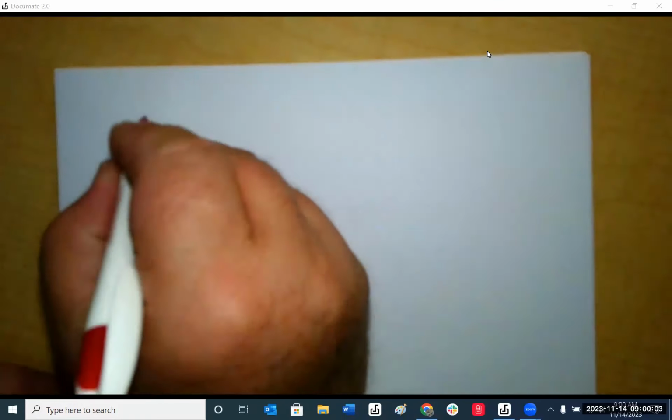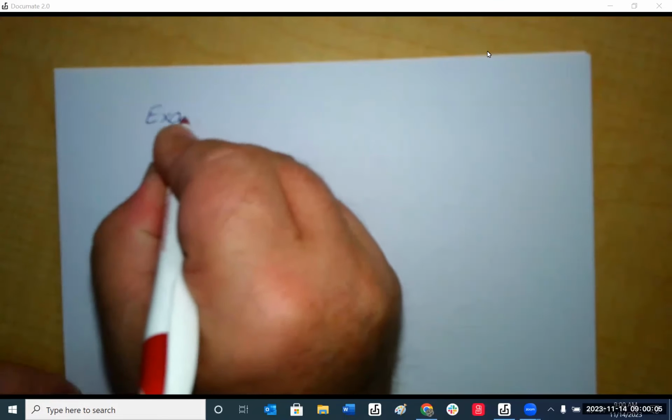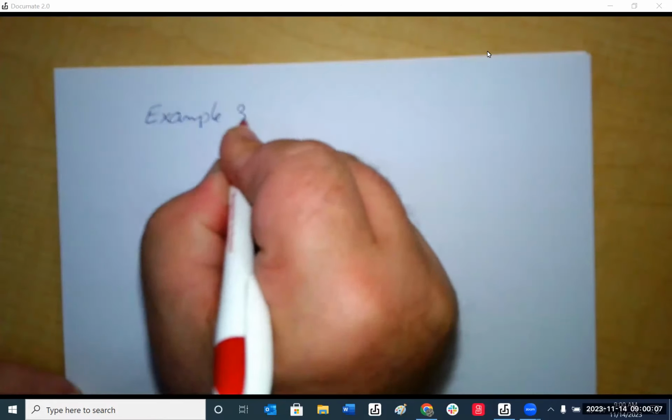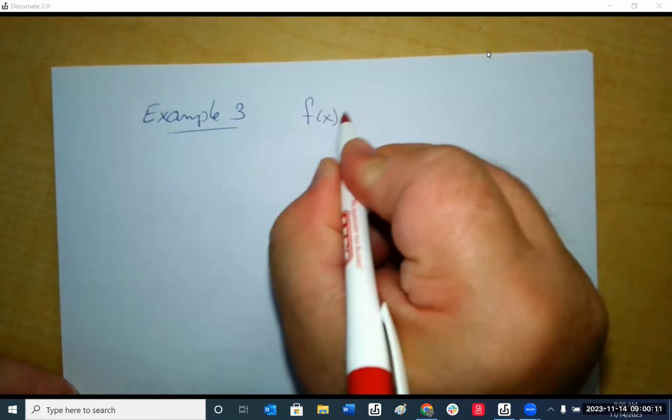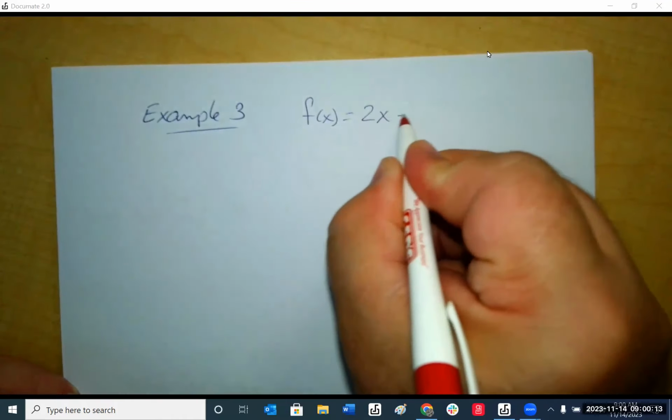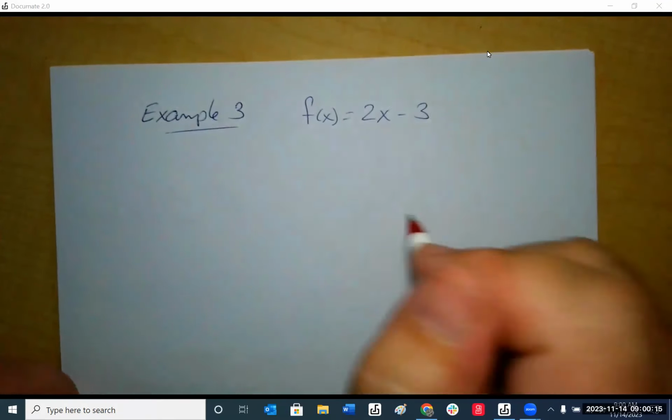Example 3. Graph the function f of x equals 2x minus 3. Prove that it's 1-to-1.